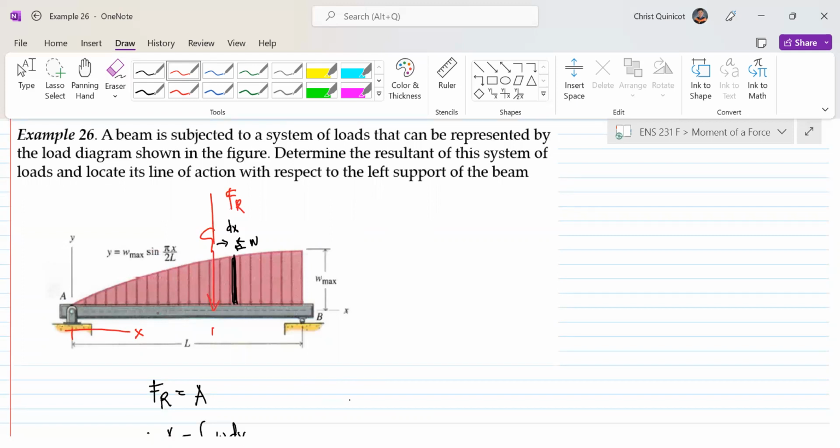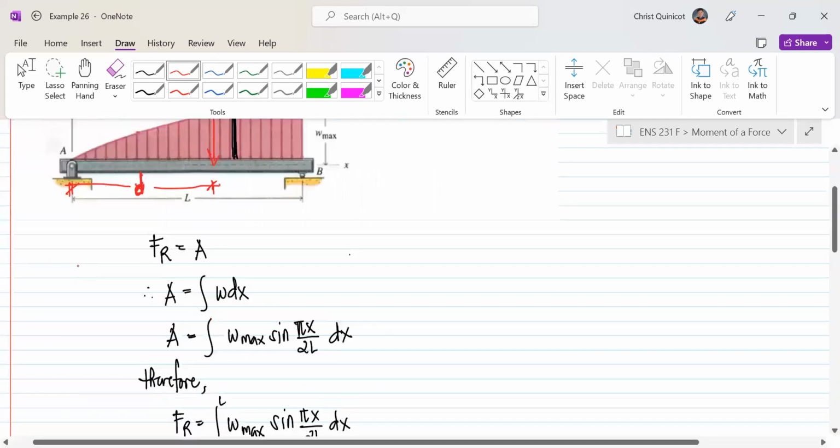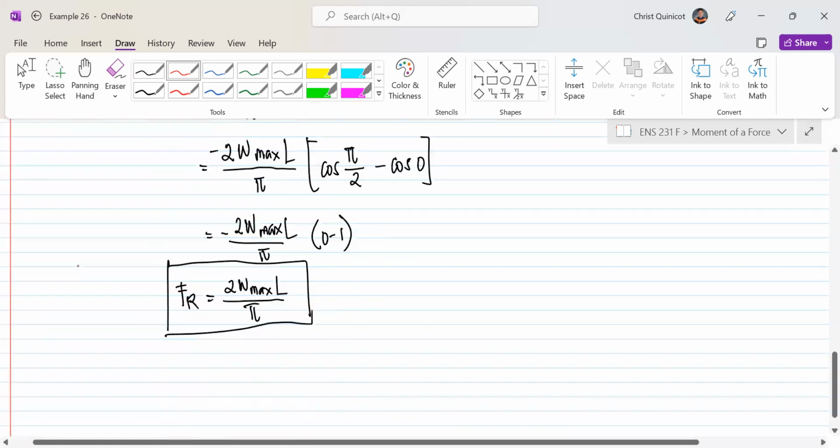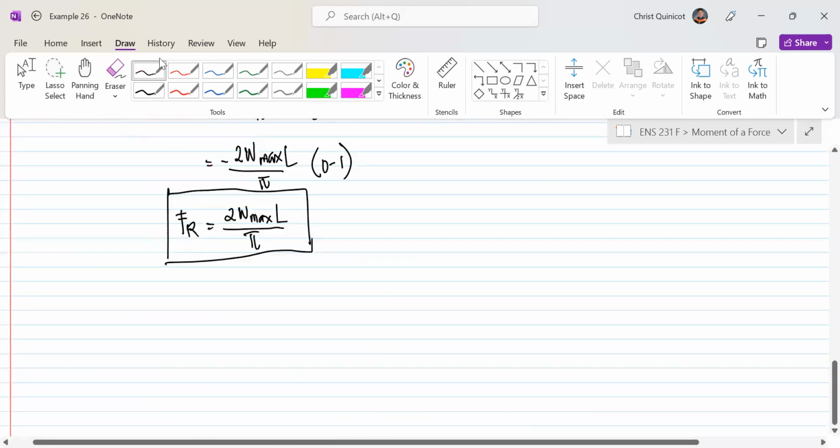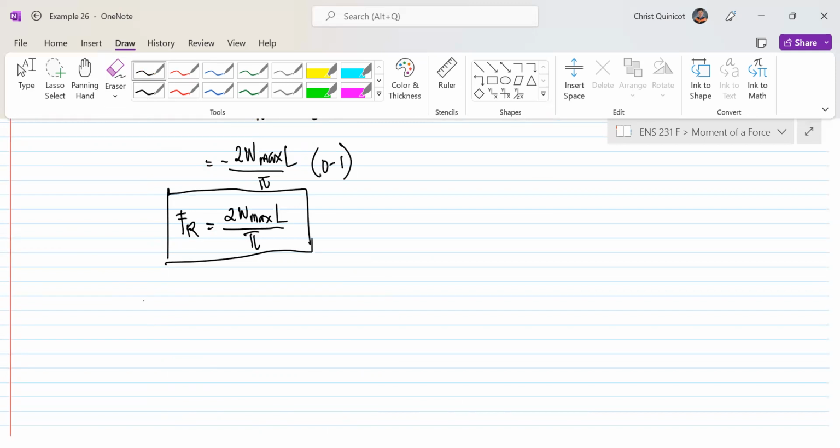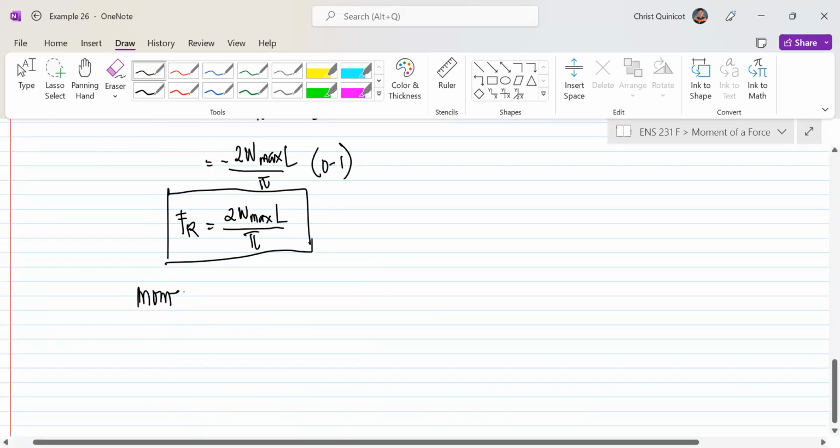Since we are already using variable x, let us call this our distance, so do not confuse it with the x variable being provided already. Okay, so for our moment, I will take the summation of moments about point A.